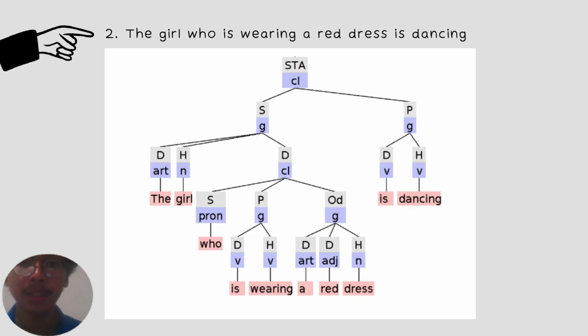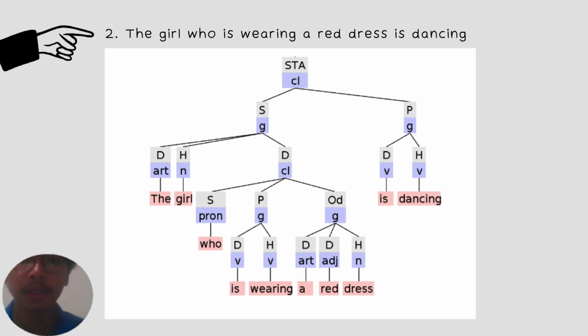So the second question is, the girl who is wearing a red dress is dancing. As you can see, the sentence is divided into two, the noun phrase and verb phrase. The noun phrase is divided into article or determiner the and noun girl.